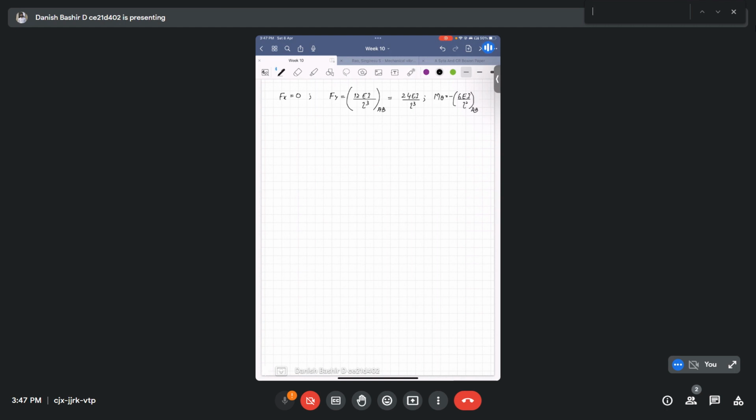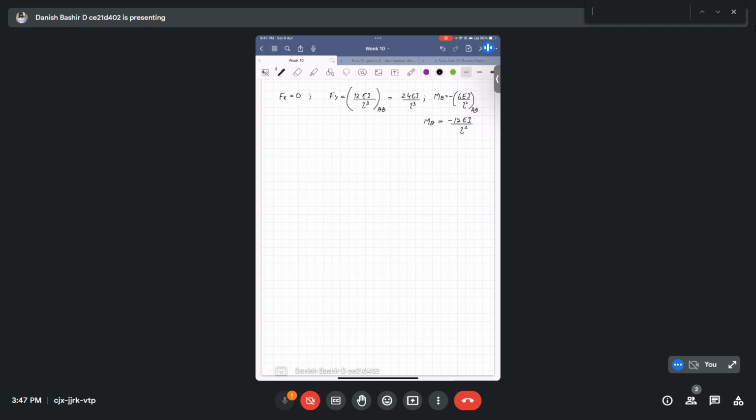And m theta written will be, when we get m theta for this, we will get minus 12 EI, because I is 2I. L is all as itself, L square.